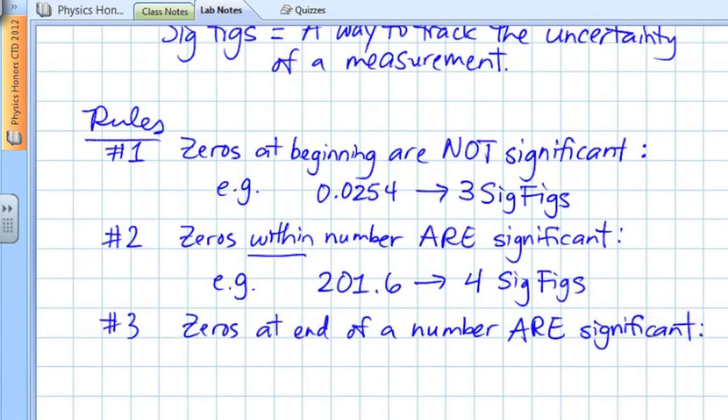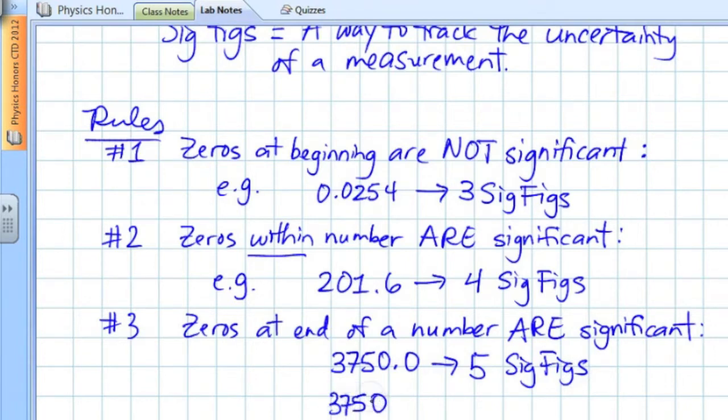For example, the number 3750.0 has 5 sig figs, because there's a big difference between 3750.0 and 3750. 3750.0 tells us that we measured that number, whatever it is, with an instrument good enough to allow us to estimate the point 0.